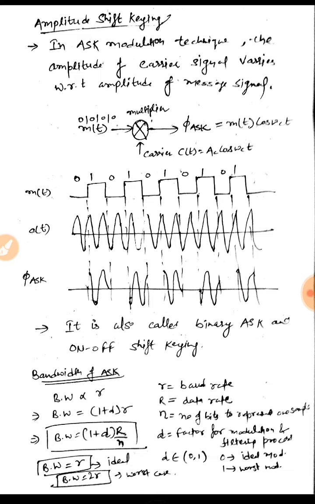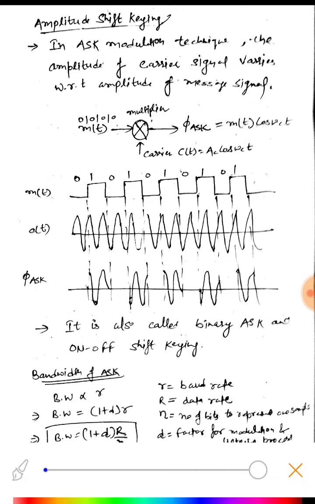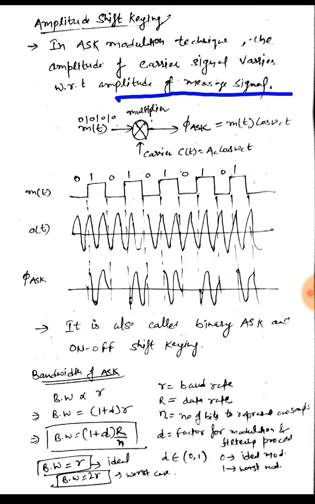In this modulation technique, that is amplitude shift keying, the amplitude of the carrier signal varies with respect to the message signal, that is the amplitude of the message signal. This is how we can get an amplitude shift keying modulated wave.